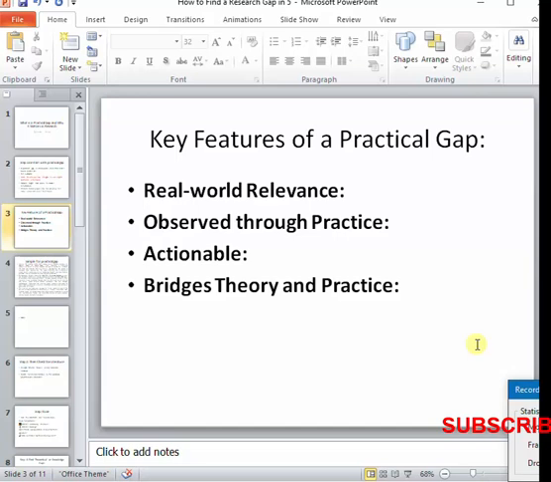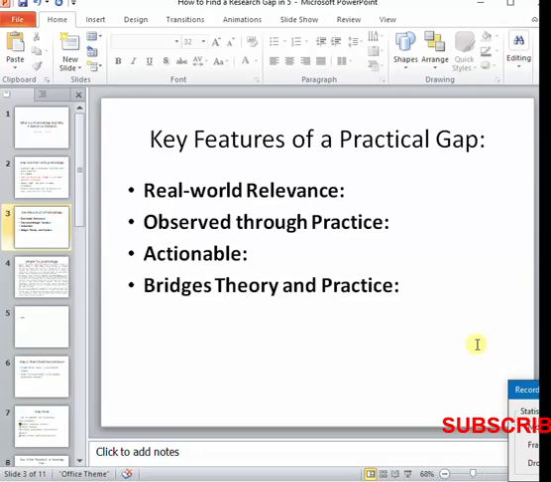And it is also observed through practice. This practical gap is usually identified through reports, industry observation, expert feedback, or user experience. So you gather those practical gaps by observing the environment, not by reading and searching literature.